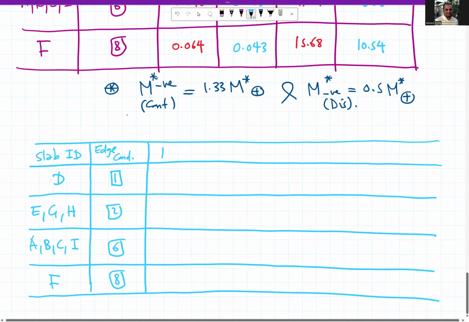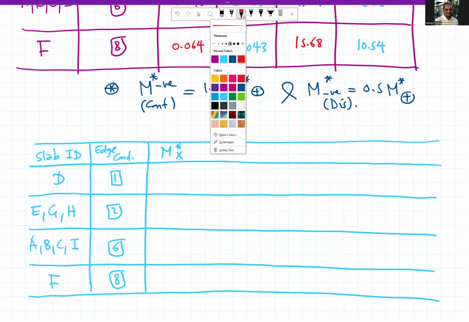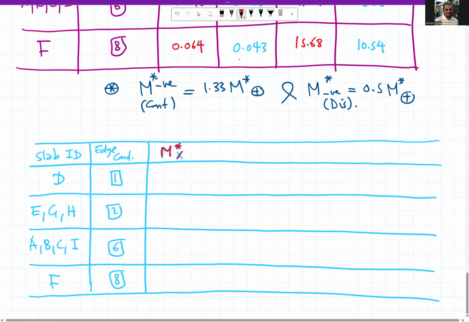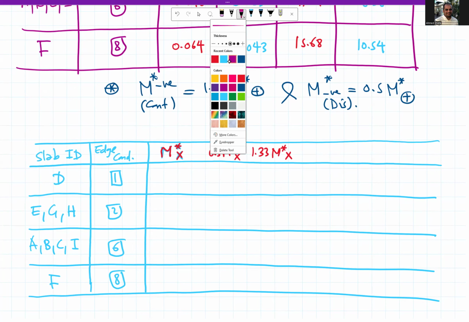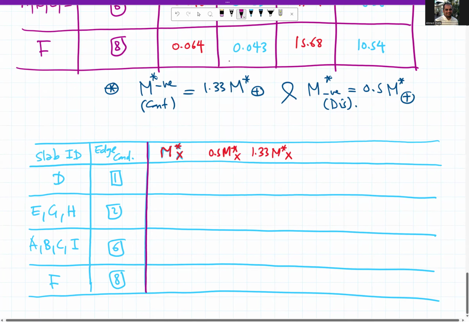Then we have M asterisk X. This one I will make with a different color. M asterisk X, and we have 0.5 M asterisk X and 1.33 M asterisk X. These are the values we need for these slabs.